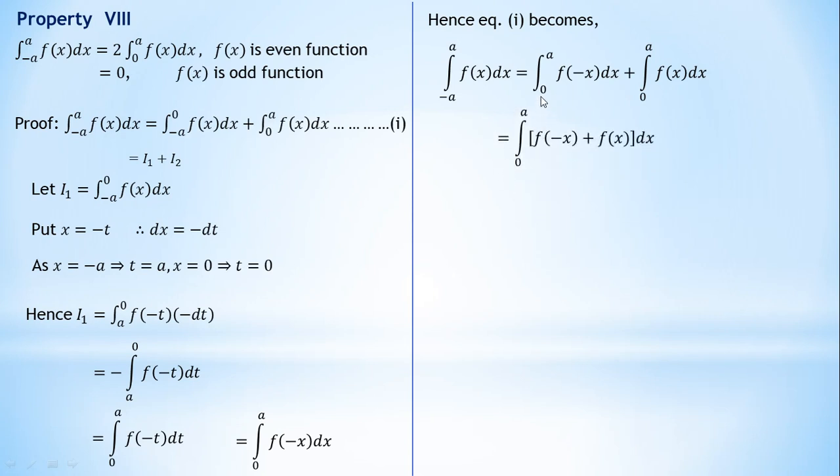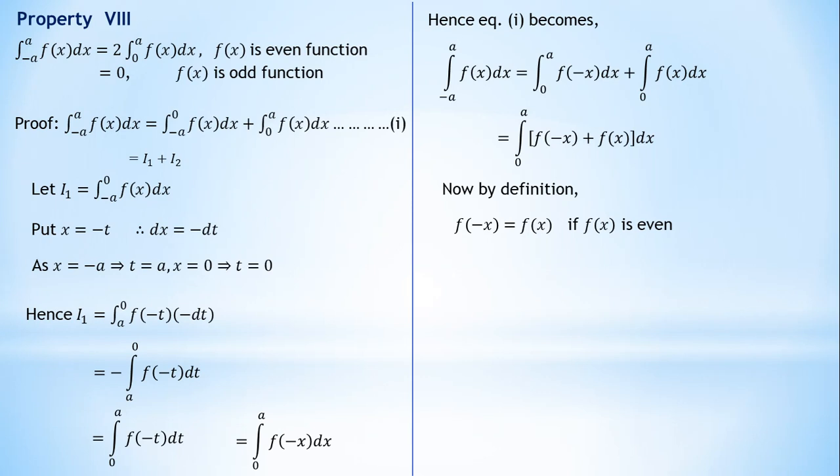Now this can be written as, see, the limits of the integrations are same, 0 to a, so you can combine the function. So in square bracket, you can write f of minus x plus f of x dx. Integration is from 0 to a. Now by definition of even function, we know that f of minus x is equal to f of x if f of x is even function.